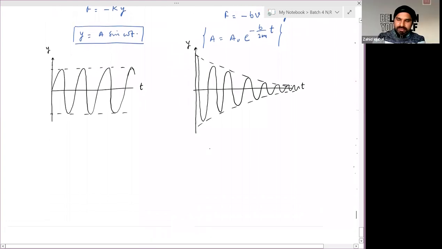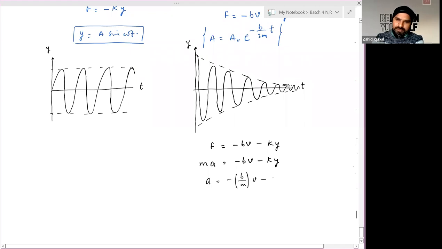Now related to the above part, as we had F equals minus b times v minus k into y, we may write force equals mass times acceleration, equals minus b times v minus k times y. Now move the mass to the right side. So you'll get a equals b by m times velocity, k by m times y.